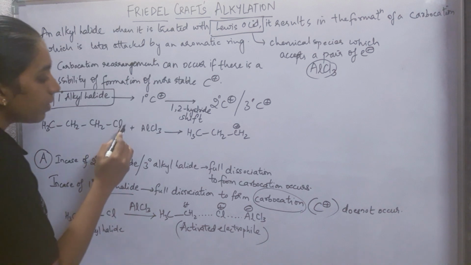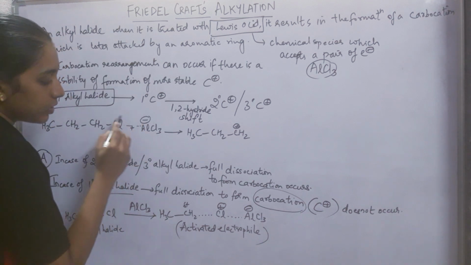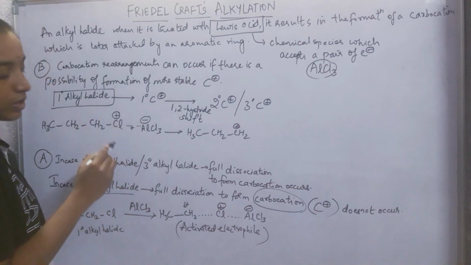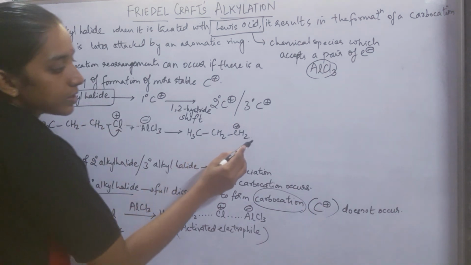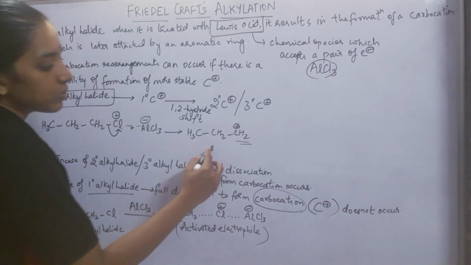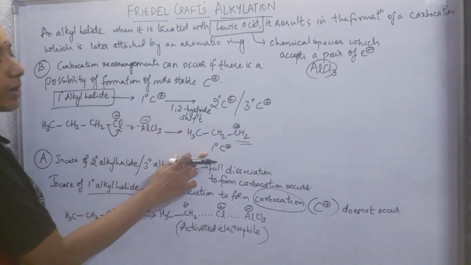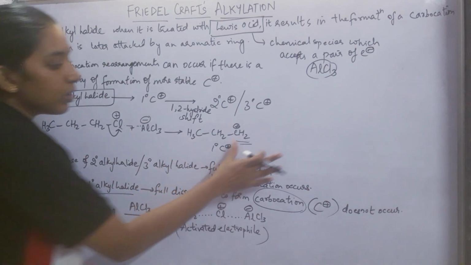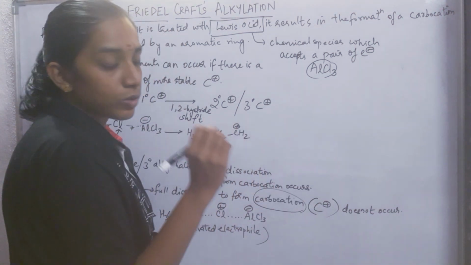Because Cl will first form a bond with aluminium, and aluminium gets a negative charge, chlorine gets a positive charge. As chlorine is positively charged, it will take the bond from carbon, leaving this carbon positively charged. So here we will be forming the primary carbocation. Primary carbocation is formed. Now what happens? This will undergo 1,2 hydride shift.